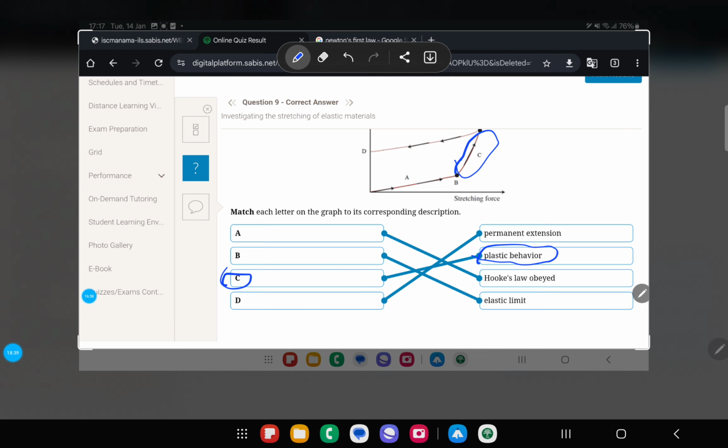You squish it, or stretch it. When you do that, it's now deformed forever. You can't return it back to its original state. And even if you try, it will look smudgy, right? Like if you crush a plastic bottle, it will look like this.